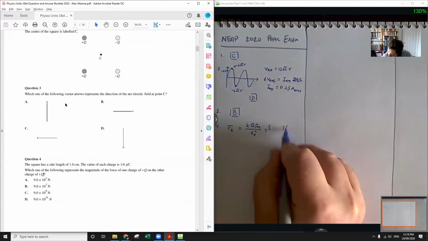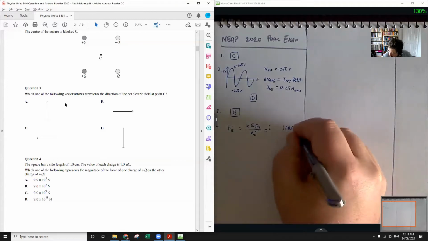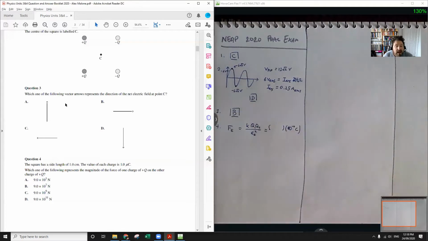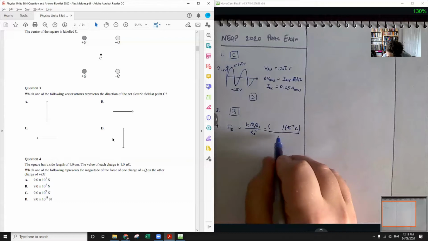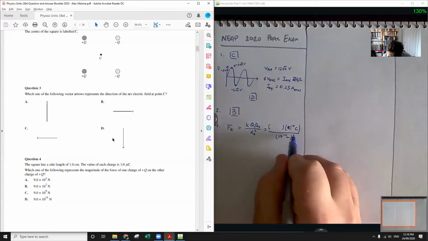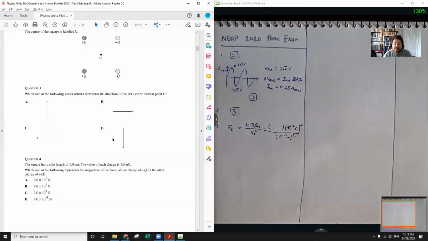Our Q's here are each 1 microcoulomb, so that's 10 to the -6 coulombs. Our distance between them is 1 centimeter, so that's 10 to the -2 meters squared. And this one's squared as well because there's 2 different charges that both have a microcoulomb. So that's Q1 and Q2.